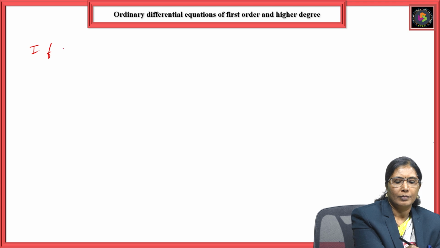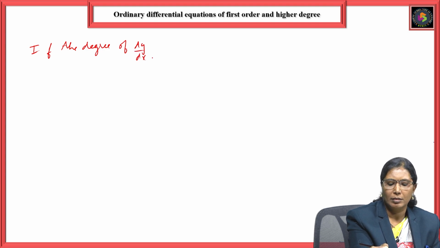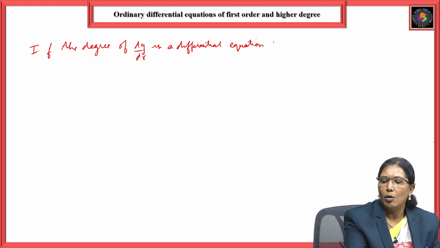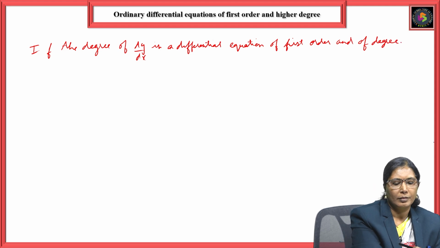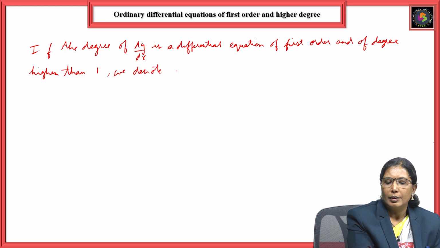If the degree of dy by dx in a differential equation of first order is higher than 1, then we denote dy by dx is equal to p.